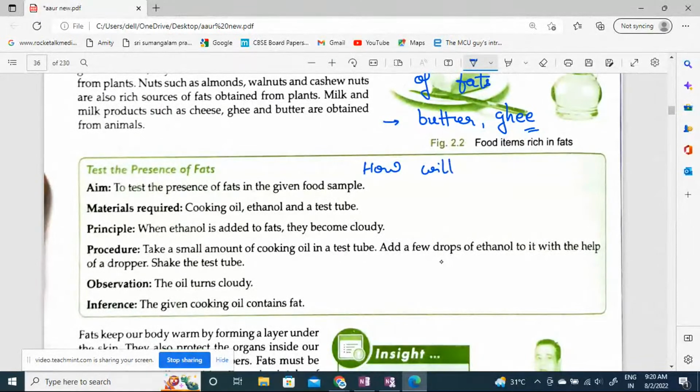How will you test the presence of fat in a food item? So we use ethanol.